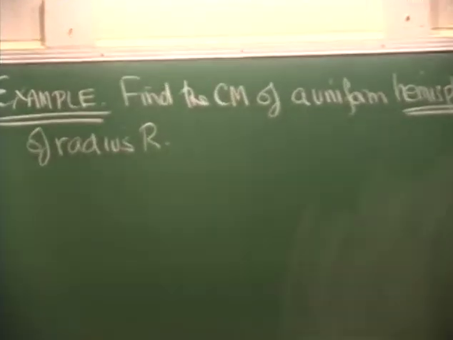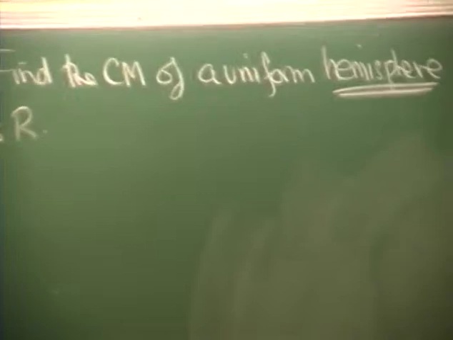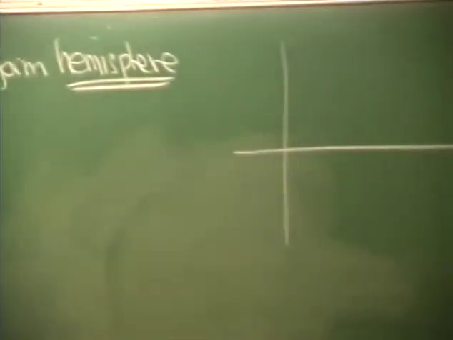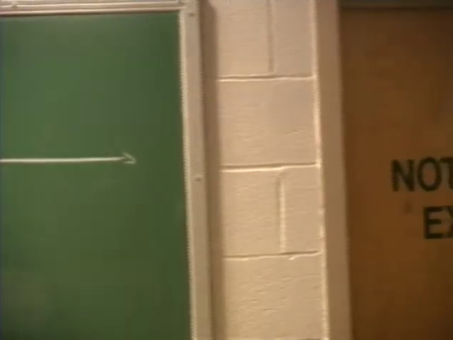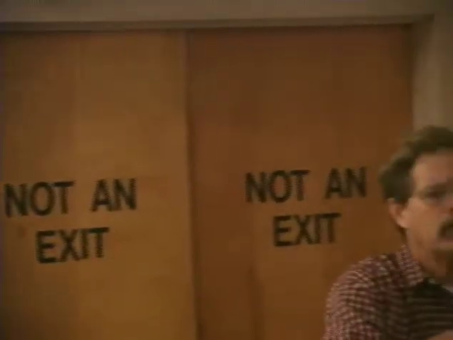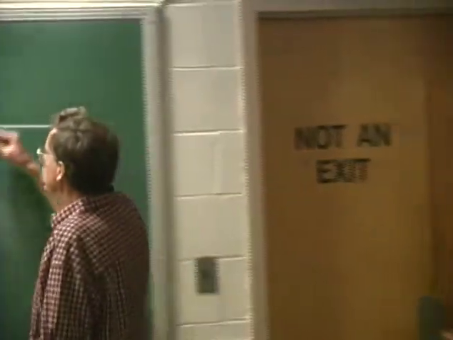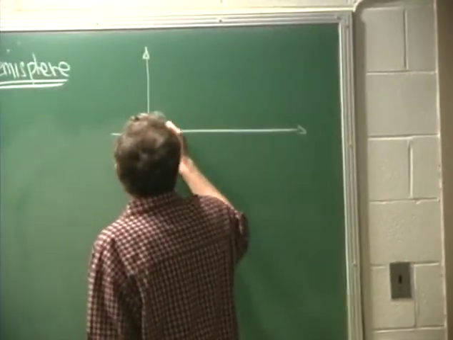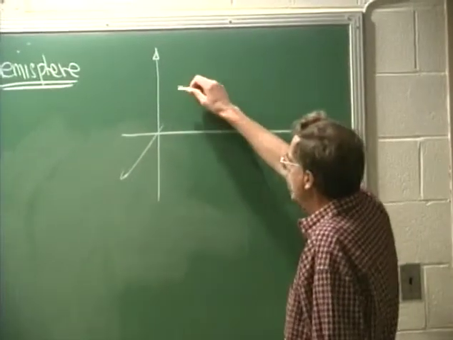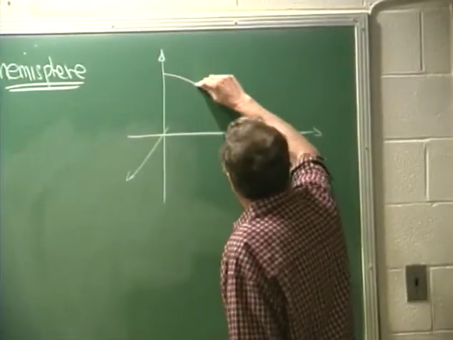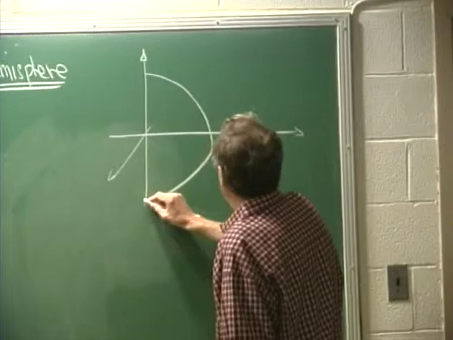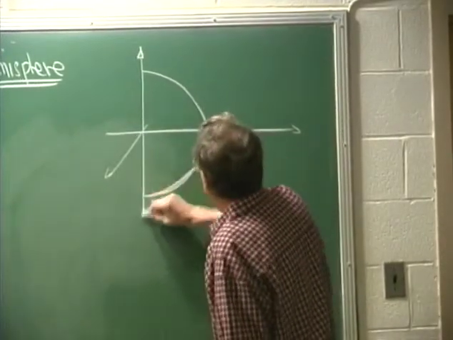First of all, take the globe, slice it in half. I've got the hemisphere here. The center of mass obviously lies on the axis of symmetry of the object, right? So there's only one component that I need to calculate. I'm going to stick this hemisphere in this configuration here. So here's the axis of symmetry.